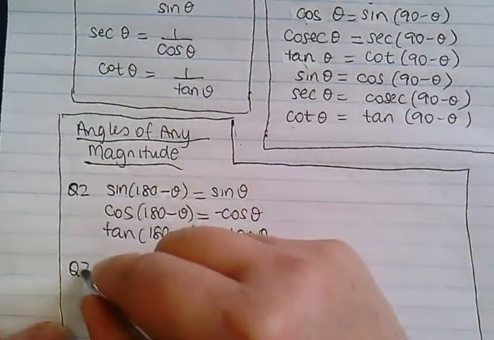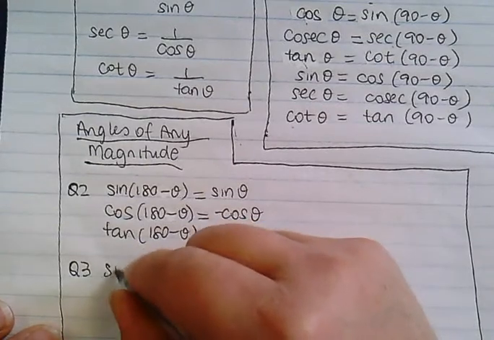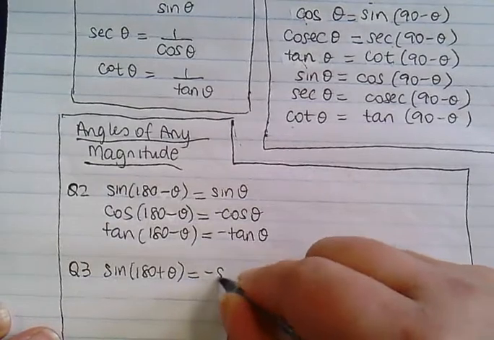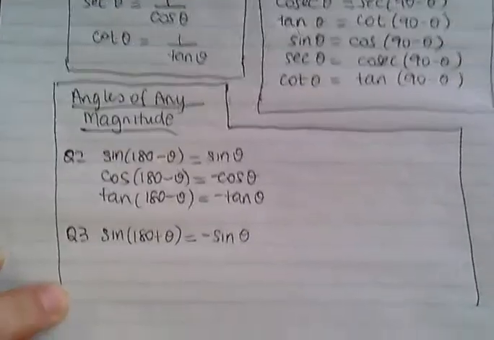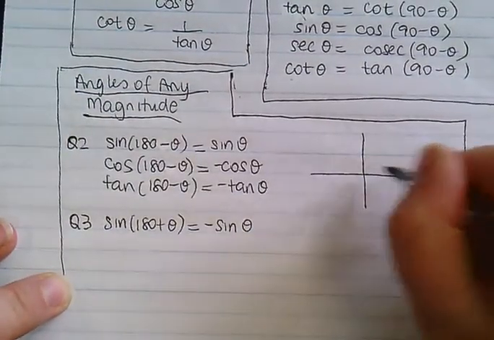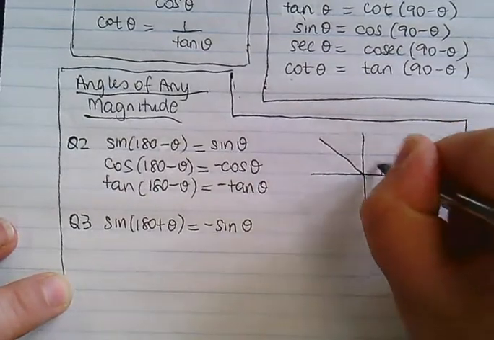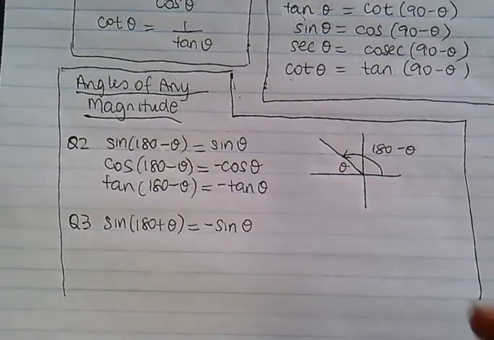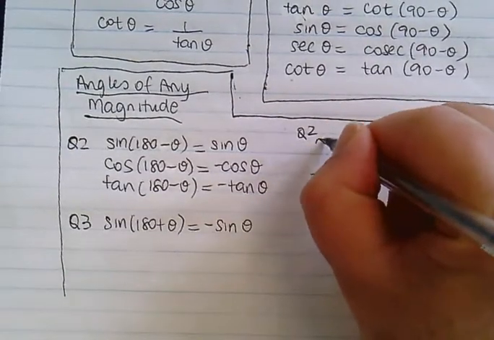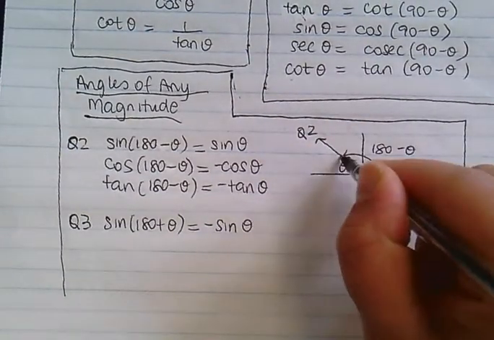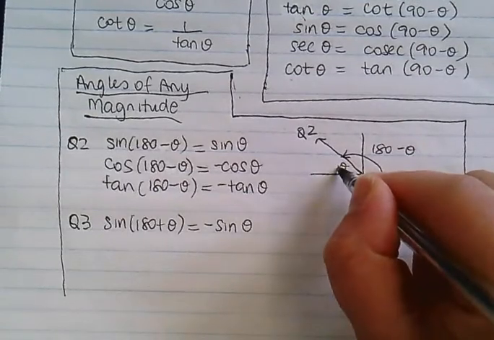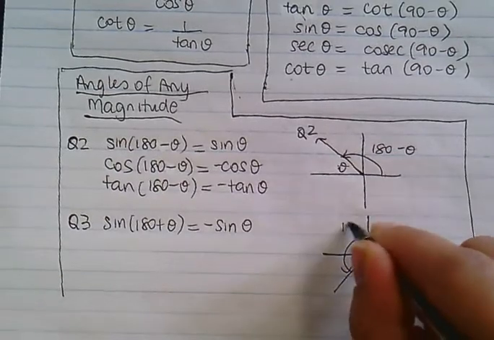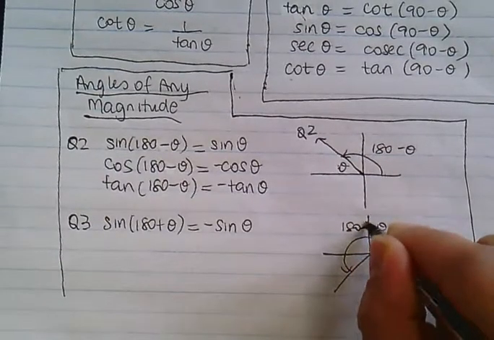Quadrant 3 angles. Sine of 180 plus theta is negative sine theta. Now, you could always just draw it, you know. So if you're looking at quadrant 2 here, the sine of this angle is sine of the acute angle, etc. 180 plus theta, that's plus.